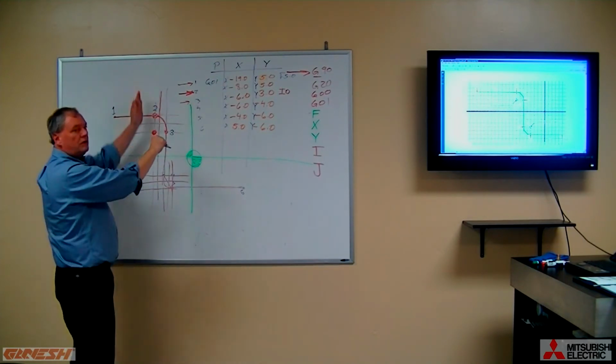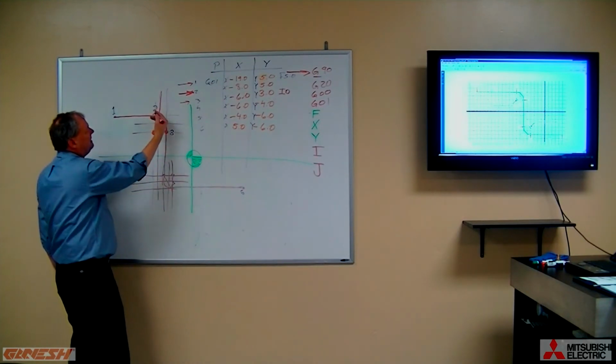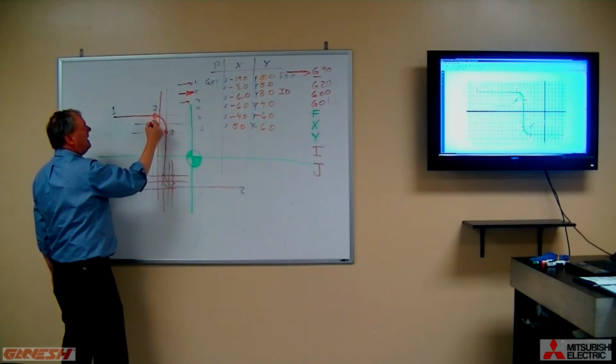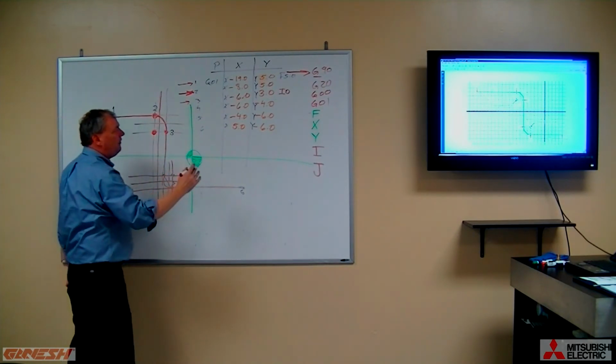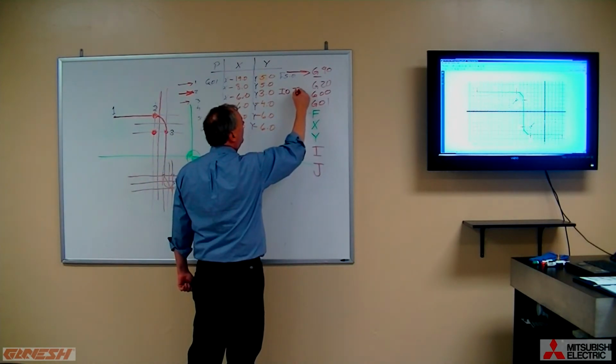The y-axis runs up and down, right? So I see the circle center is on the minus side, or the downside, of where I'm at by 2 inches. So therefore the J, which is substituted for Y, becomes minus 2.0.